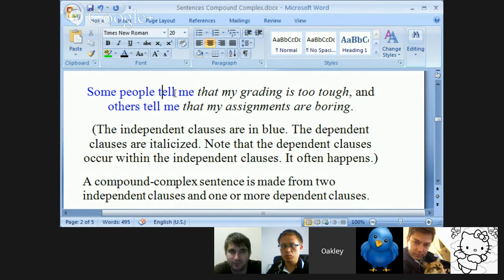So the whole thing, some people tell me, some people say, there's another one. We commonly use this as a phrase to introduce, usually a dependent clause, but to introduce information, to introduce supporting points. Some people say that the sky is blue.